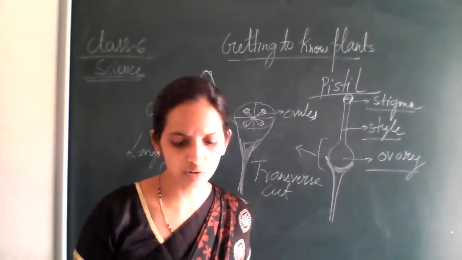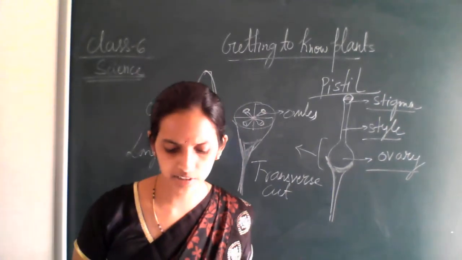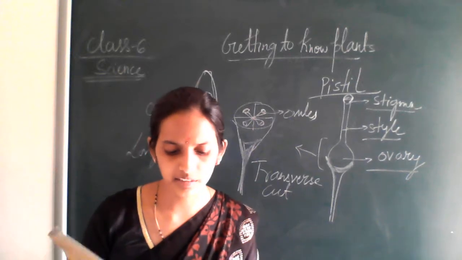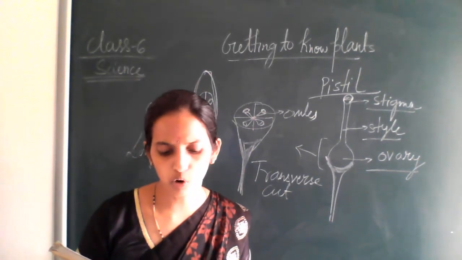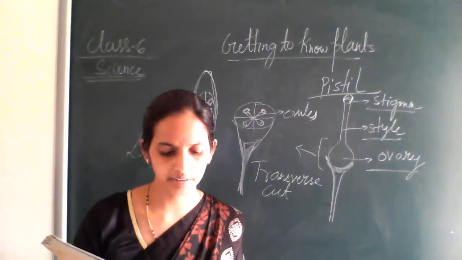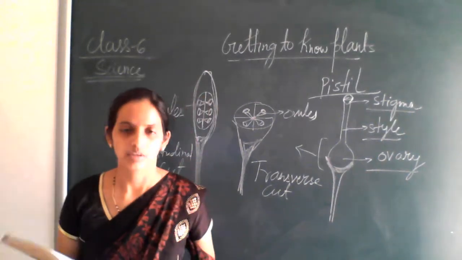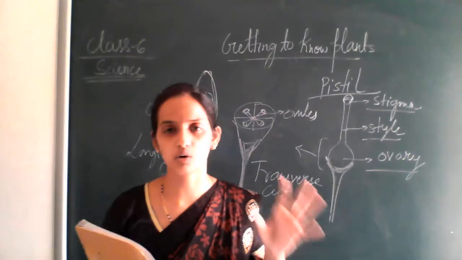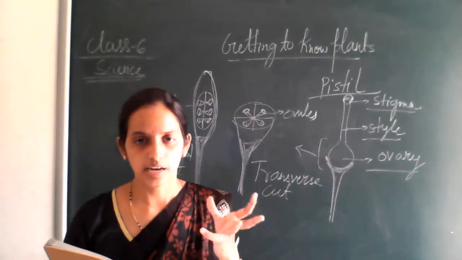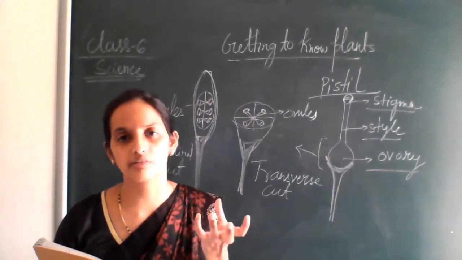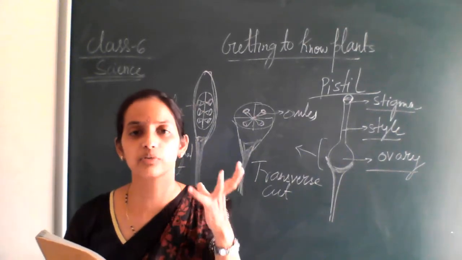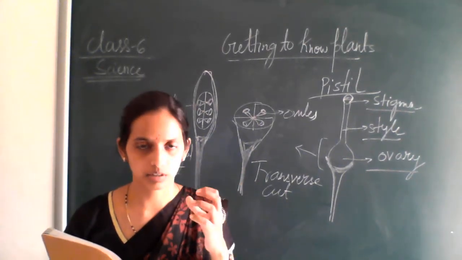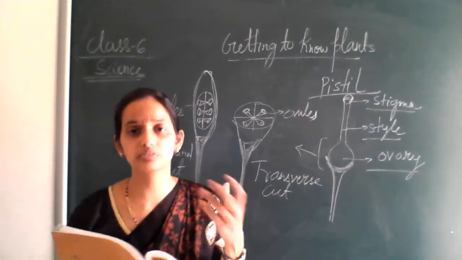Then, try to find out the names of as many flowers as you can by asking the gardener or any other person. Remember not to pluck more flowers than you need. So don't simply try to pluck all the flowers. You can select flowers which are large enough so that you can easily observe the things.